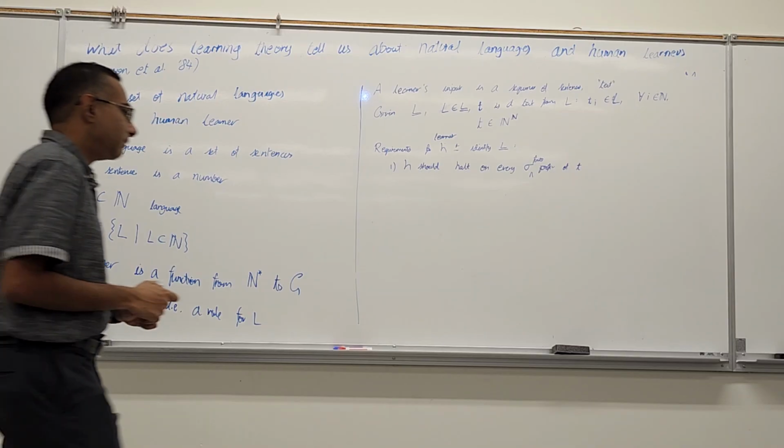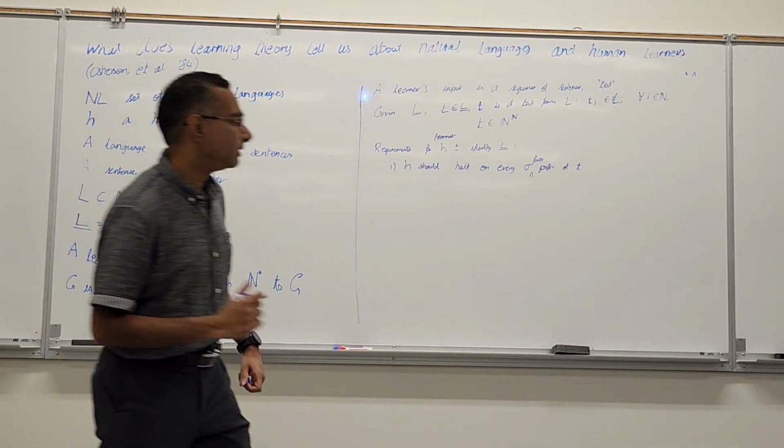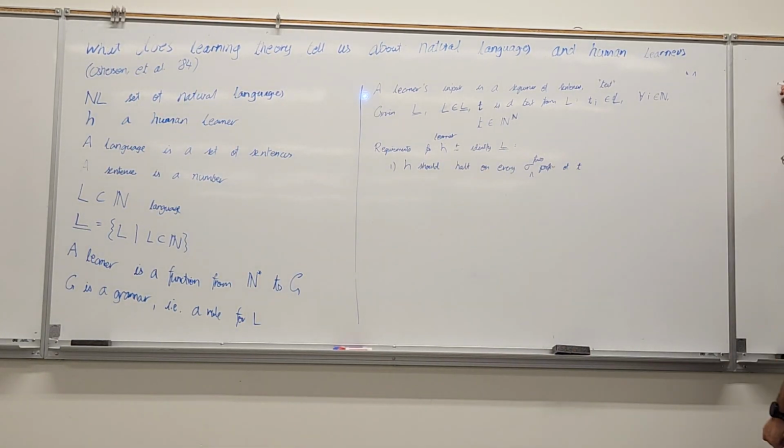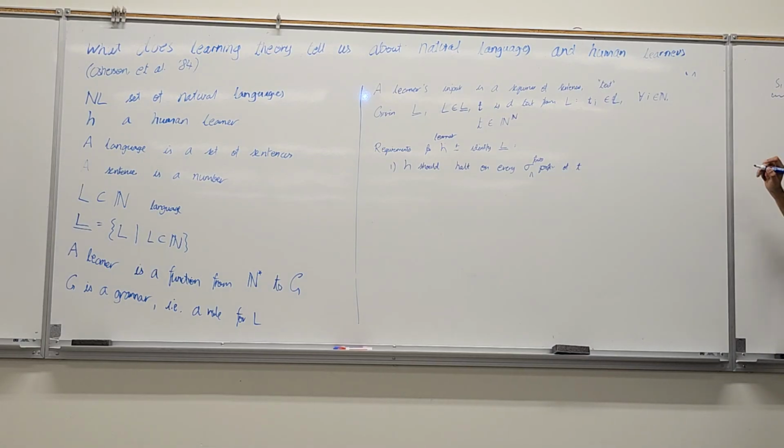Right, so imagine that I have a set of sentences, which I will call S1, S2, and so on, an infinite list. On time step 1, the learner sees S1, and then it produces some grammar G1. On time step 2, the learner sees S1 and S2 and produces G2. Why not just S2? Because the grammar it produces here will also depend on the first sentence.